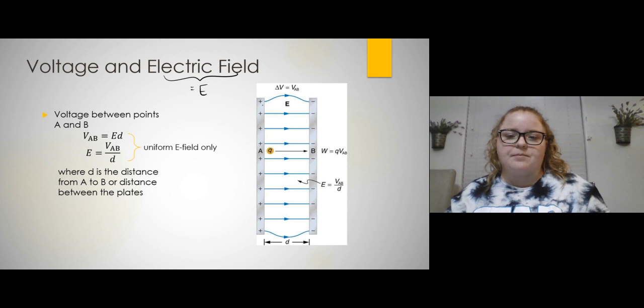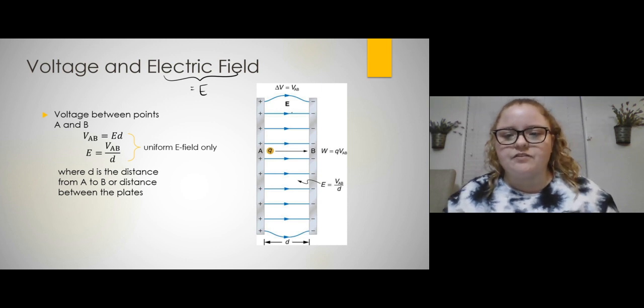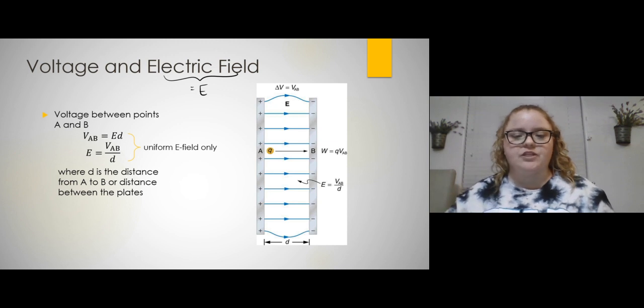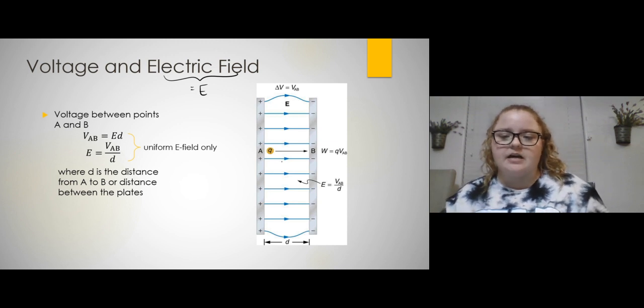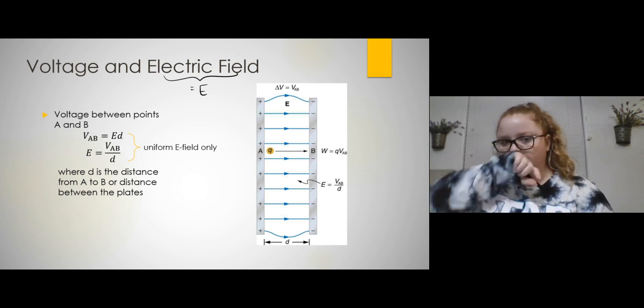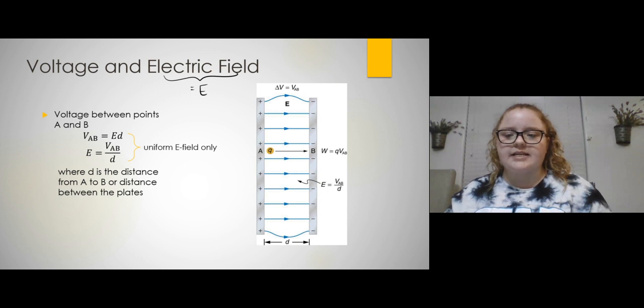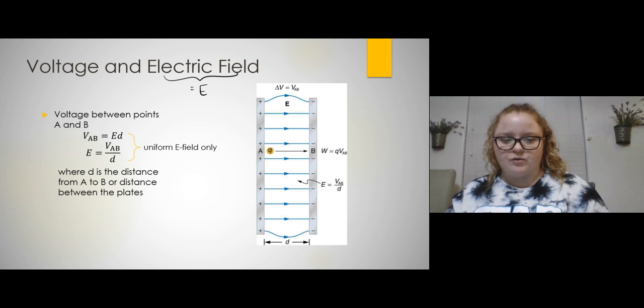Okay, so we've got a plate that has all positive charges, a plate that has all negative. They're separated by some distance, d. We have some sort of electric field flowing between the 2 plates, and we can find that electric field: the voltage, or that potential difference, delta V, divided by that distance, okay?